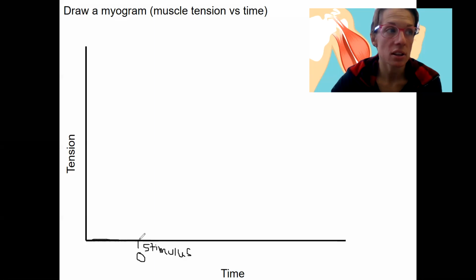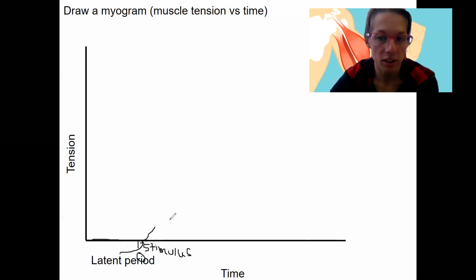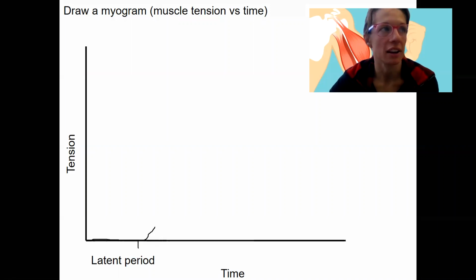After we have the stimulus, there is a latent period. So we've got a couple of seconds before tension starts to be generated. This is called the latent period. That is what's happening right here in between the stimulus and the beginning of the generation of muscle tension, and therefore contraction.